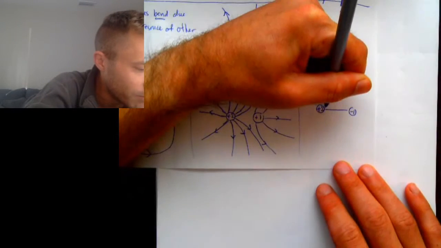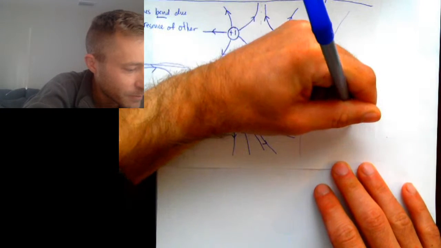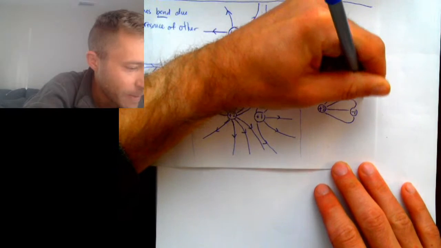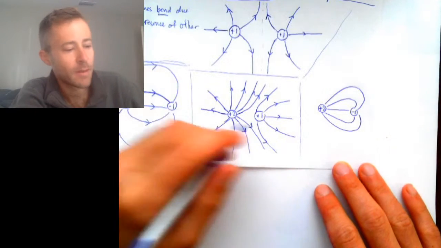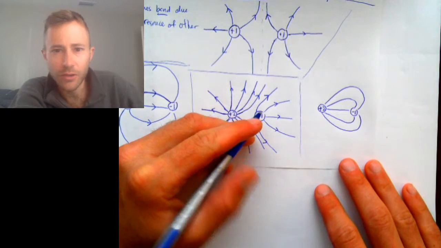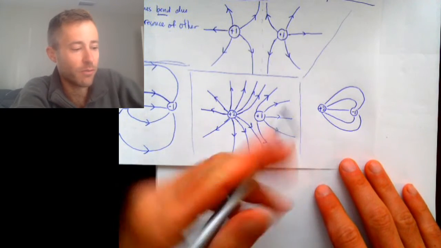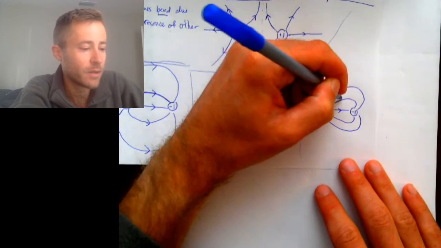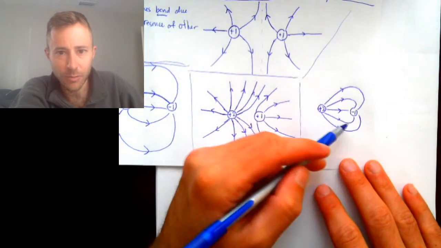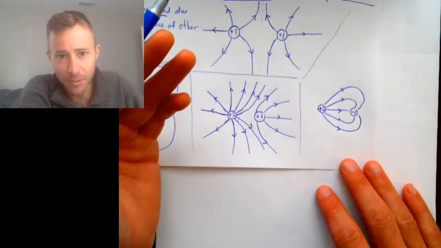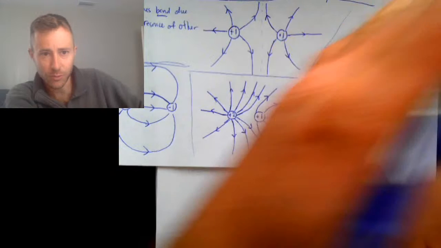They're almost going to curl around the back, like this. Notice how +2 has 10 lines, but -1 has 5 lines. So these are the only lines, and we can't draw any more lines going into this -1. So what happens to all these extra lines that don't connect to the -1? Well, they just go off to infinity.